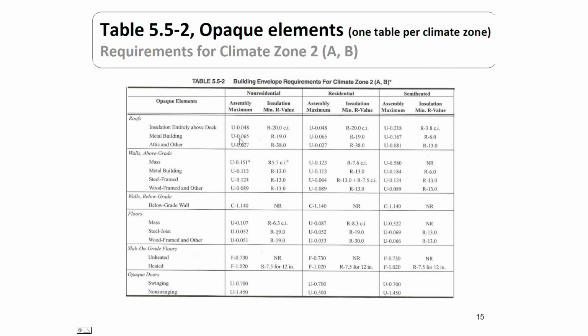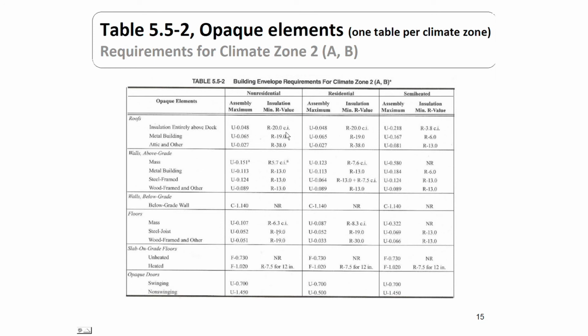Or if you do an overall U factor calculation of the roof or wall, you'd have to meet this number here. So in some cases, the U value is not the exact reciprocal of the R value.